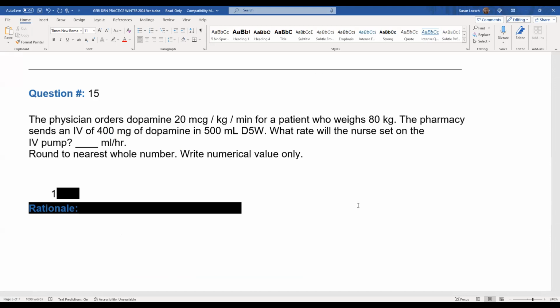So this one here is asking you what rate you're going to set the IV pump to in mLs per hour. Now, we already said whenever you're setting the IV pump in mLs per hour and you have a desired dose plus an ordered dose, what is going to be your formula?